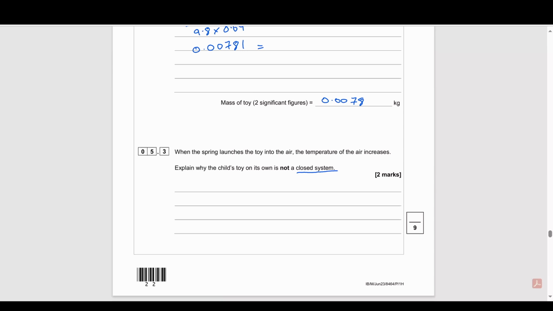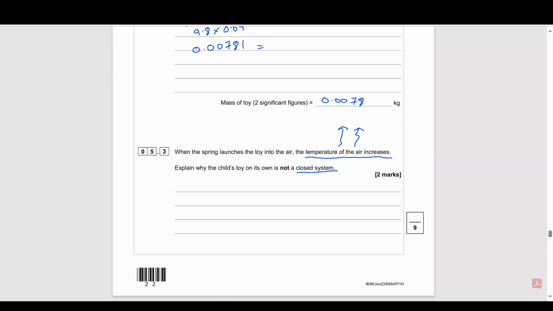It's going to remain in that system, just be transferred. So this says the temperature of the air is increasing. So that indicates to us then that energy is being transferred to the surroundings and away from the system, which is the toy in this case.